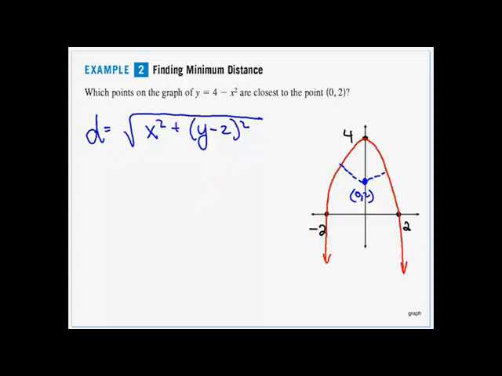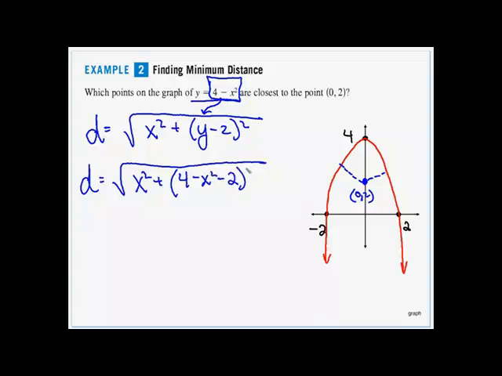The only other equation we have right now is our given parabola, y equals 4 minus x squared. So let's plug this 4 minus x squared in for y, and then we'll be down to a single variable. So our distance equals a big square root of x squared plus this y value, which now becomes 4 minus x squared, and we still have our minus 2, and that quantity is squared.